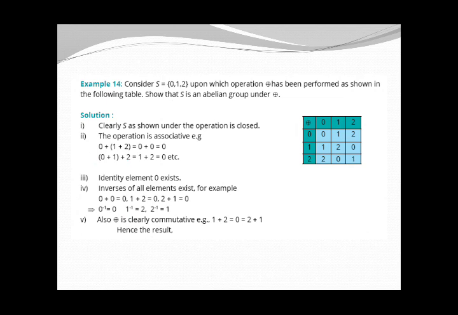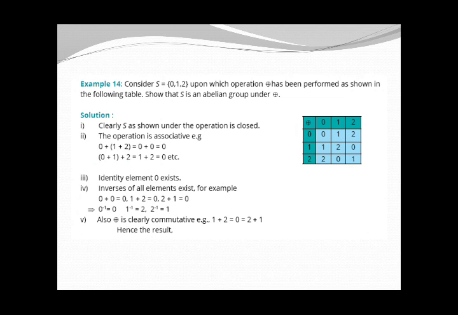And it is a module of class 3. If we draw a table, here we have a table 0, 1, 2 and 0, 1, 2 on the vertical and horizontal sides.